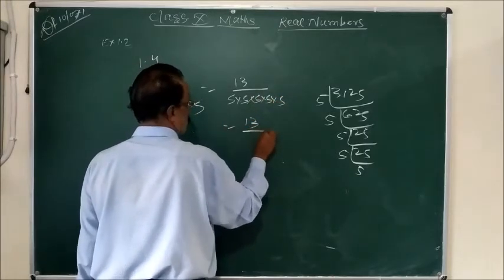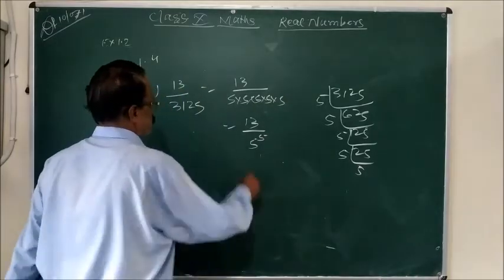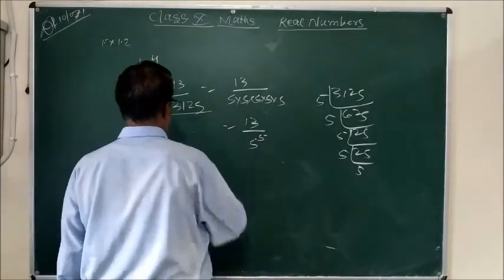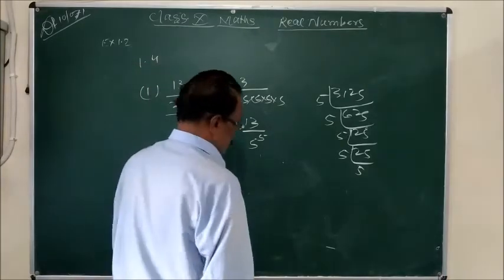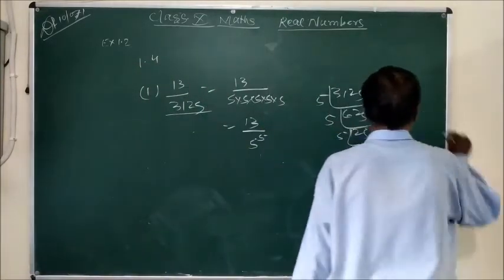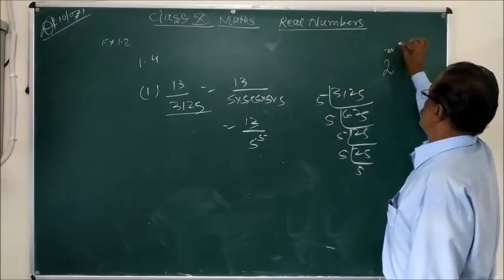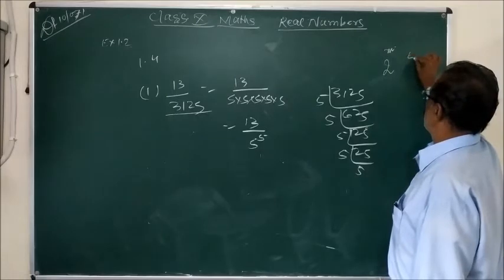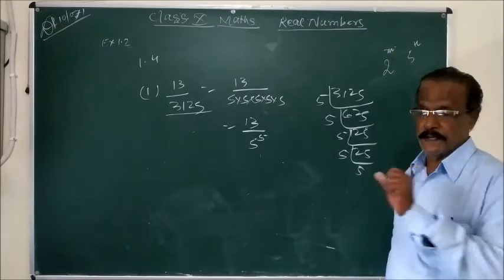So 13 upon 5 power 5. I have already explained that if a rational number represents a terminating decimal, the denominator should be of the form 2 power n or 5 power n, where n is a non-negative integer.